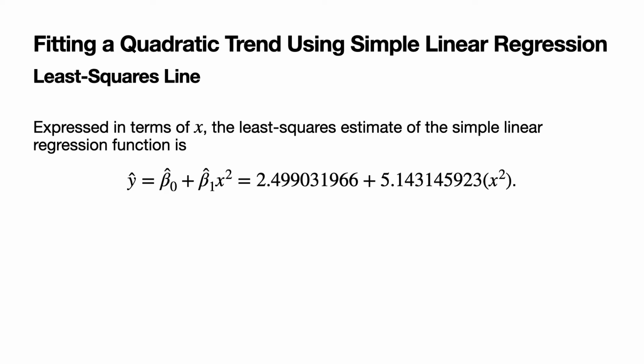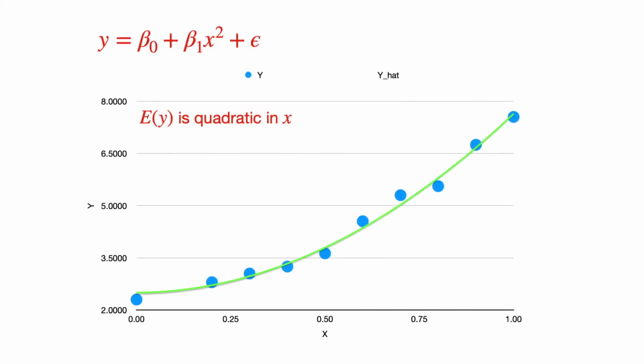Now, the plot of this function and the scatter plot of the corresponding data has x on the horizontal axis instead of w, or equivalently, we have x here on the horizontal axis instead of x squared.